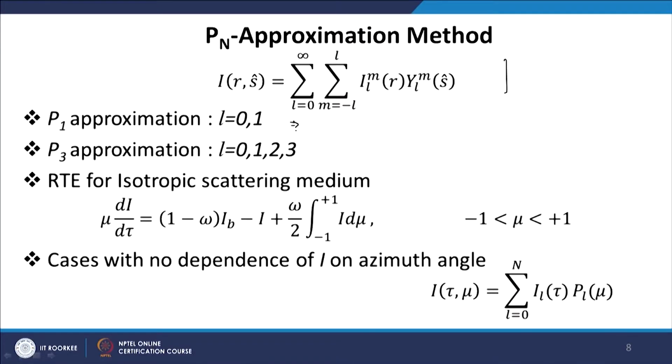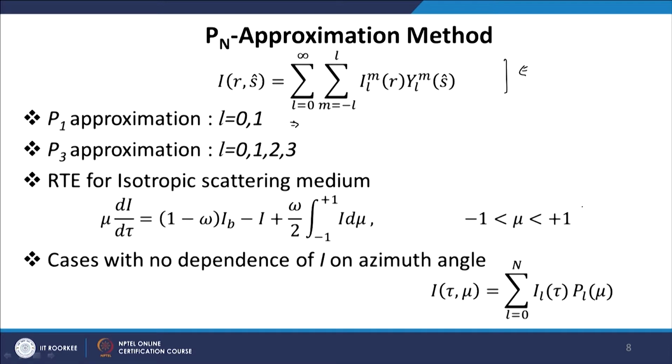So, depending on the largest value of L retained in the series, the method is named by that largest value. If 1 is the largest value of L used, it is called the P1 approximation. If 3 is the largest value used, it is called the P3 approximation. Now, let us substitute this intensity, approximated as a series of spherical harmonics, into the radiative transfer equation for an isotropically scattering medium.